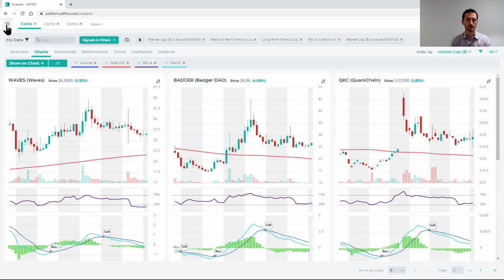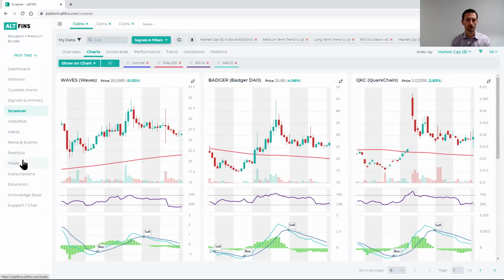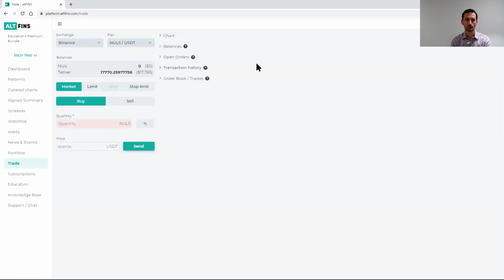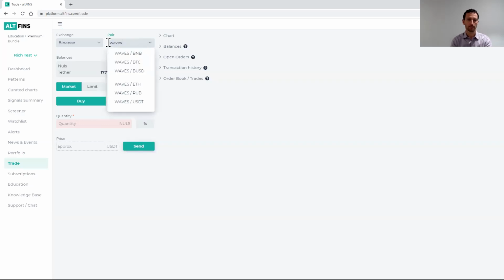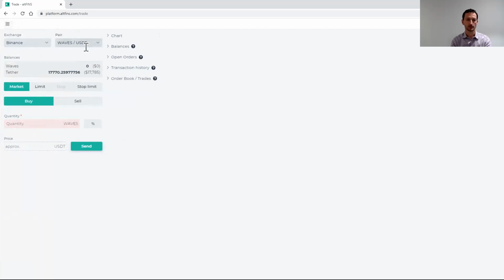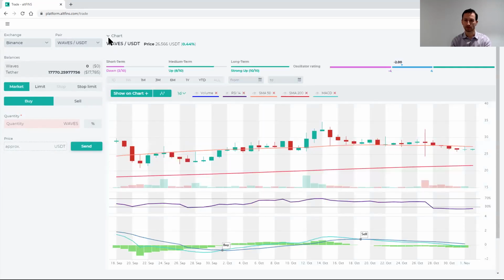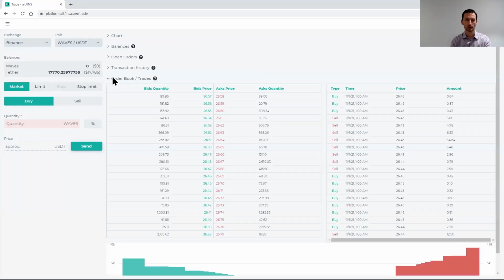So Waves it is. Let's put on this trade and see what happens. I go to the trade section. I'm going to trade it against USDT because that's what I have in my account. I can look at the chart one more time here. You can check the order book, see if it's really tight.